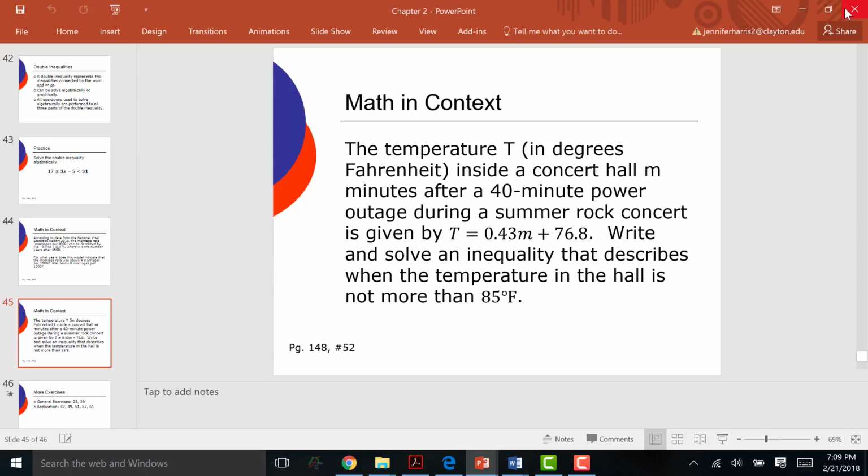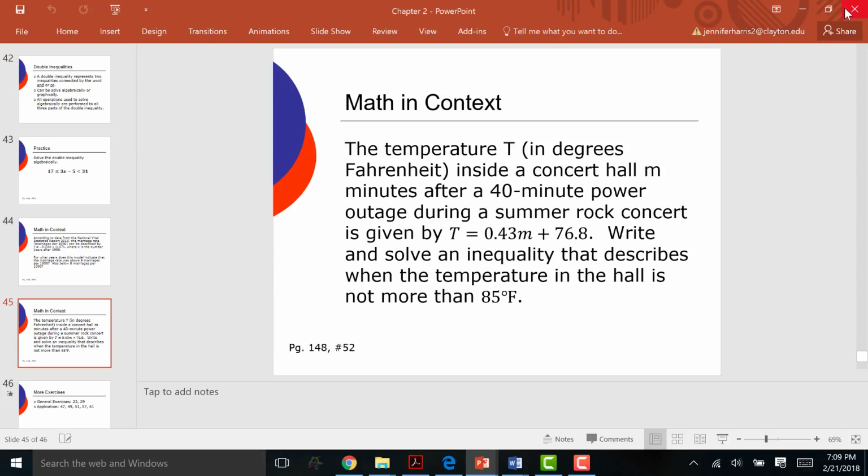So, if they give you an equation, are you going to use it? Yes, so 0.43 M plus 76.8 has to be less than or equal to what? 85 degrees. All right, can we solve and get M by itself? All righty.